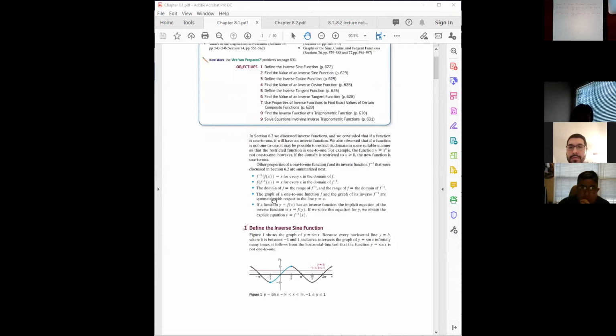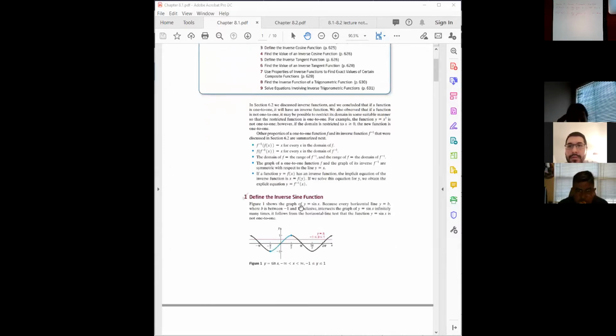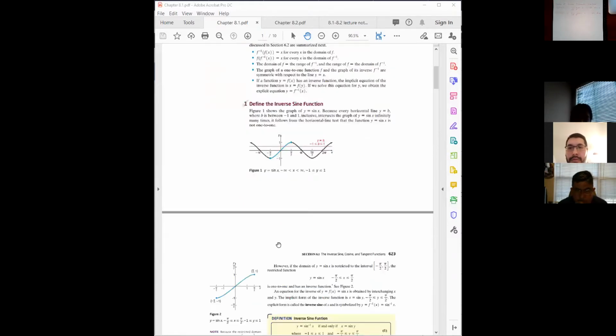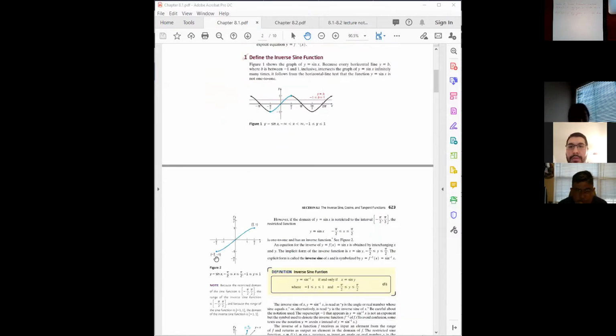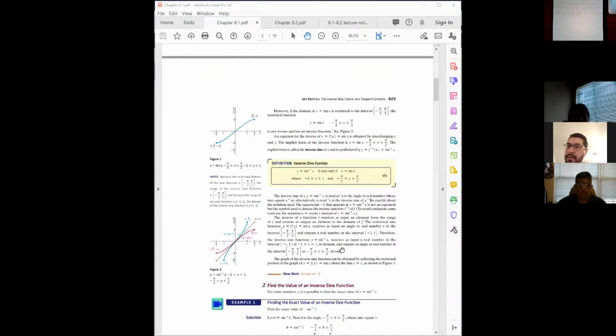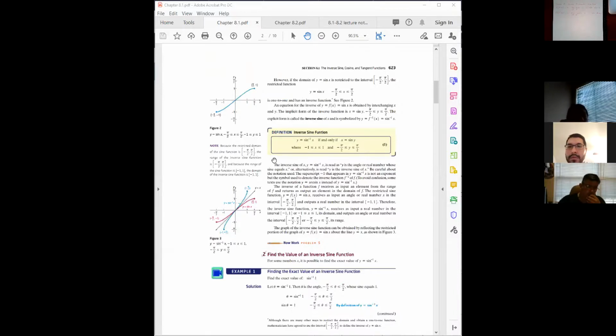Okay, so to define inverse, we have to restrict it to force it to be one-to-one. So if we cut sine between here and here, then we can create an inverse. We will define the inverse function like this. This is from your book. We'll write it down in a second. We can't define it until we do that.